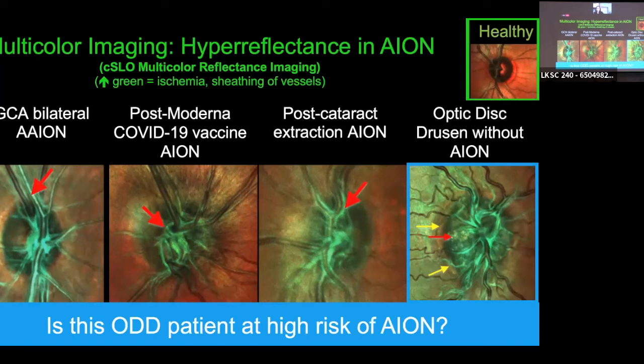So across, you really couldn't tell them apart, with this hyper reflectance of the arteries, both on the disc as well as in the peripapillary area. And the main difference you could see is just how raised the drusen AION eye looks.